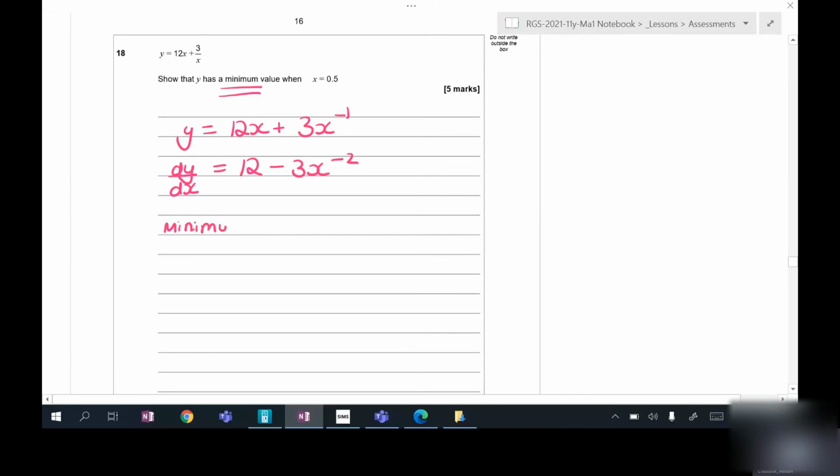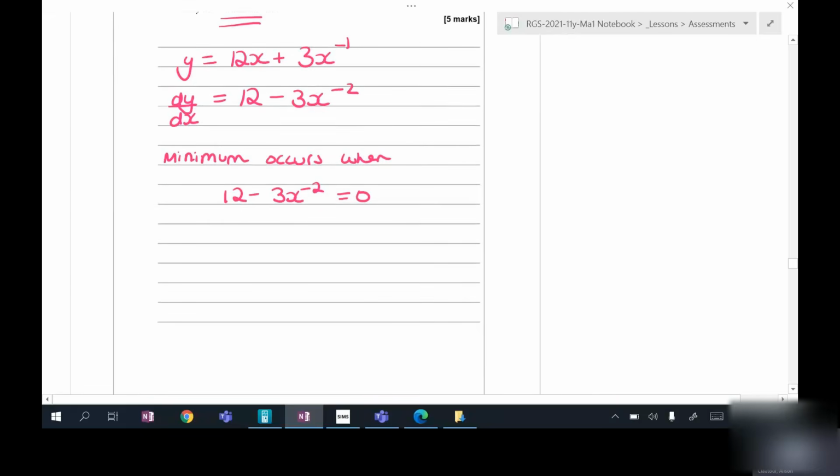Okay, and remember the minimum occurs when the gradient is 0. So 12 minus 3x to the minus 2 will equal 0.